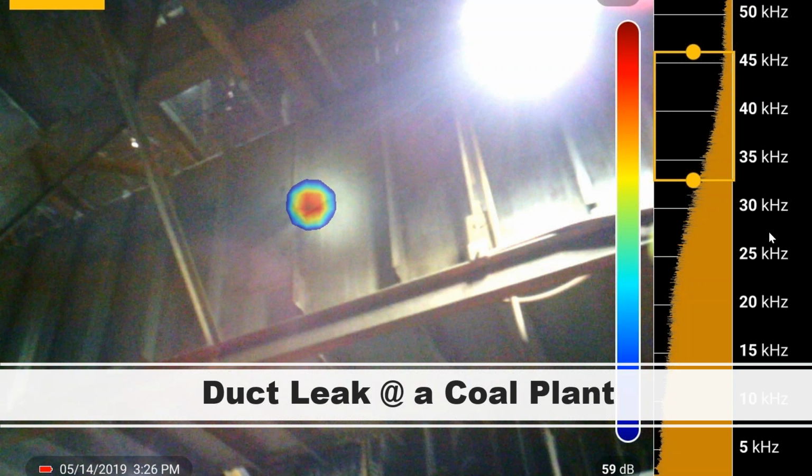I guess it depends on how thick the insulation is, how loud the rest of the noise is around the area, and how big the leak is. It's all about the nature of the leak, the leak frequency and loudness, and usually how much flow is coming out of that leak. If it's a really low flow leak, you're going to have less chance of seeing it through insulation. If it's a really high flow leak, you're going to have a better chance. Sound finds a way out.